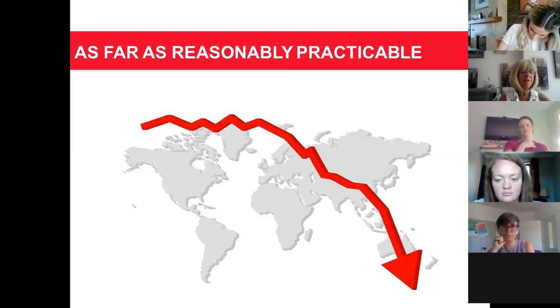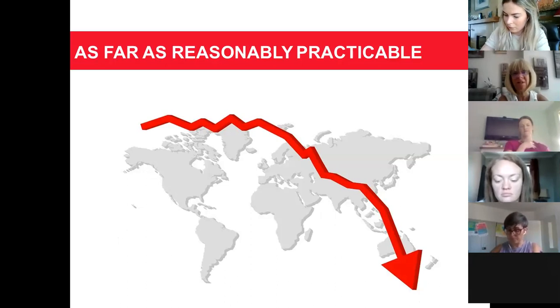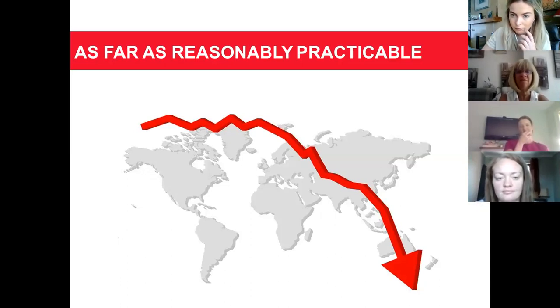Now, it's also important for me to tell you at this stage that we will never ever be able to reduce risk to zero. There's no such thing as a zero risk environment. We cannot get rid of the virus. We know that it's going to be around for a period of time, but we know that we cannot get to a zero risk environment, and the law recognises that.